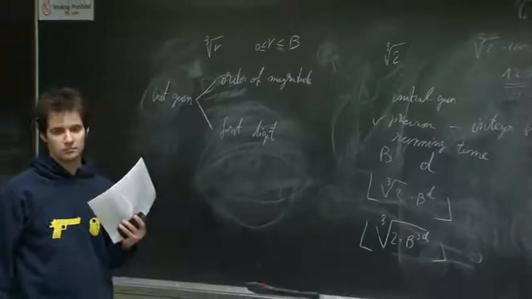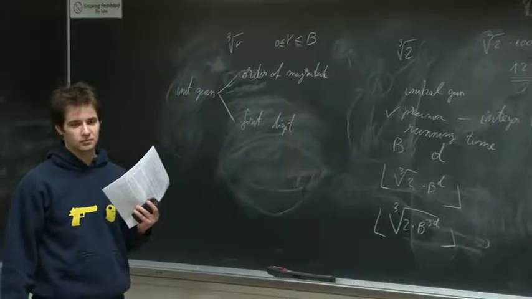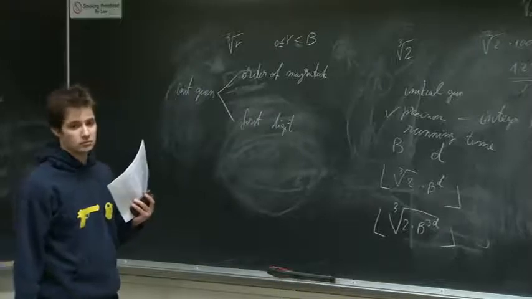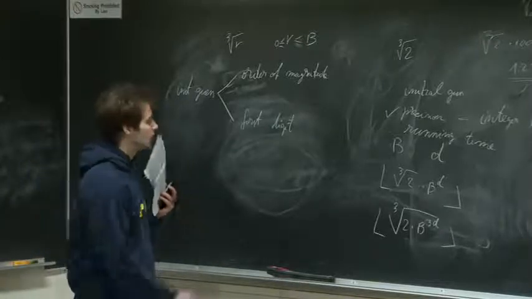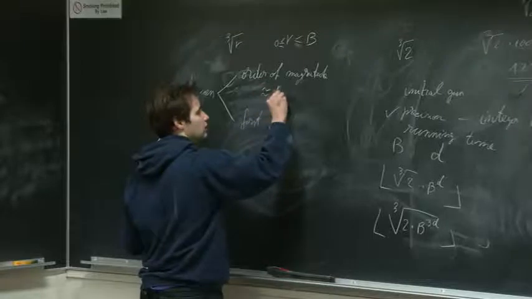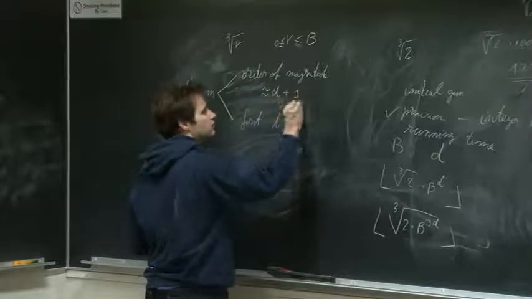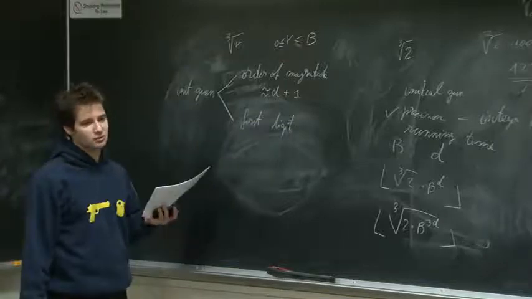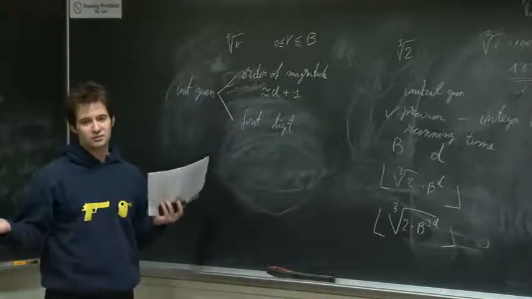The amount of digits divided by 3. The amount of digits in 2 times b to the 3d, which is whatever b to the 3d is, d plus 1. Okay, so roughly either d or d plus 1. Say d plus 1. So a decent approximation would be 1 followed by d zeros.